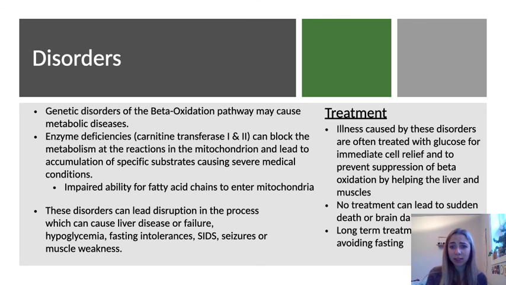The illnesses caused by these disorders are often treated with glucose for immediate cell relief and to prevent suppression of beta oxidation by helping the liver and muscles. This is just applying a quick amount of energy so our cells can stay fueled, because no treatment can lead to death or brain damage. Long-term treatment can include avoiding fasting, so there's no chance for those cells to not get the glucose and energy they need, ATP.